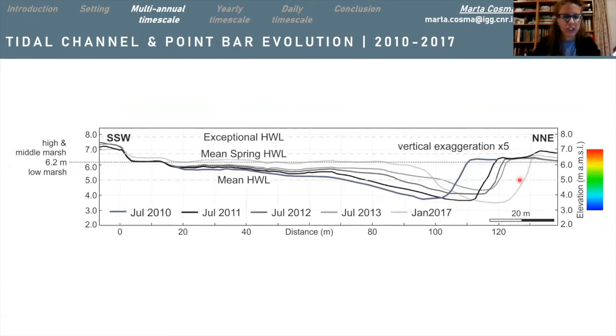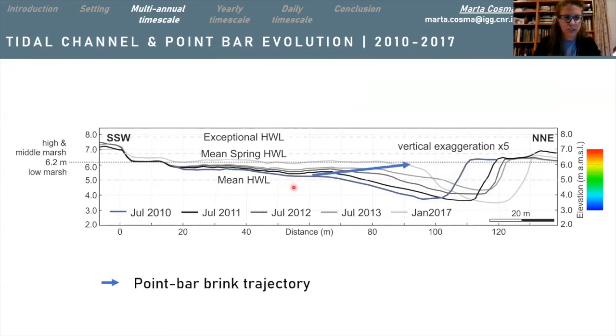And looking at the cross-section, we can see almost the same thing. Between 2010 and 2017, we can see an accretion of the point bar deposits and then lateral migration.